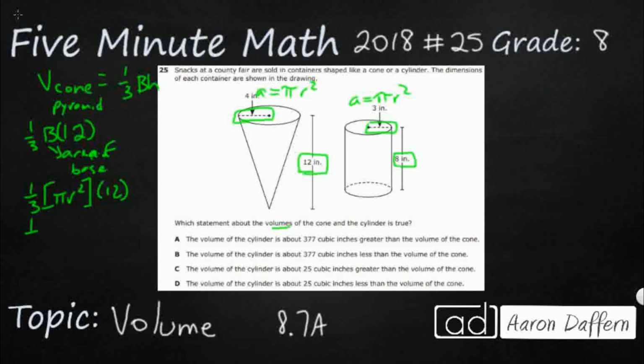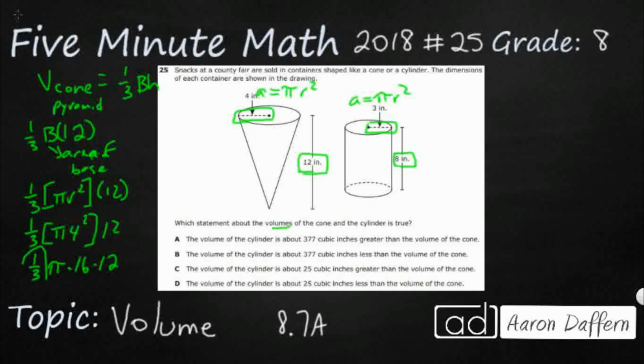You see how I keep rewriting this equation, and we just have one big thing to calculate together. That's 1/3 times pi times 4 squared times 12. Let's simplify this. 4 squared is 4 times 4, which is 16.